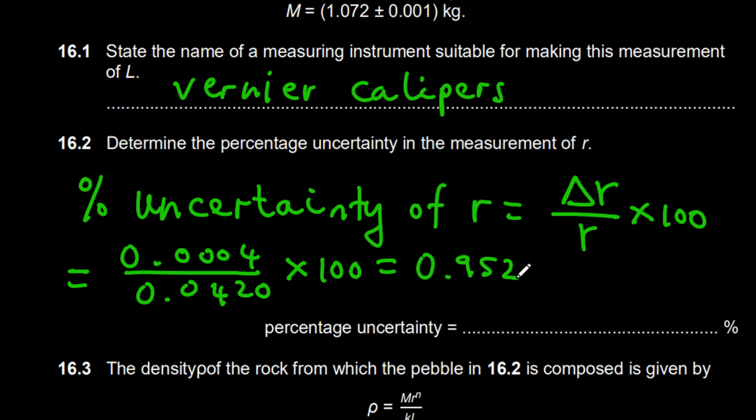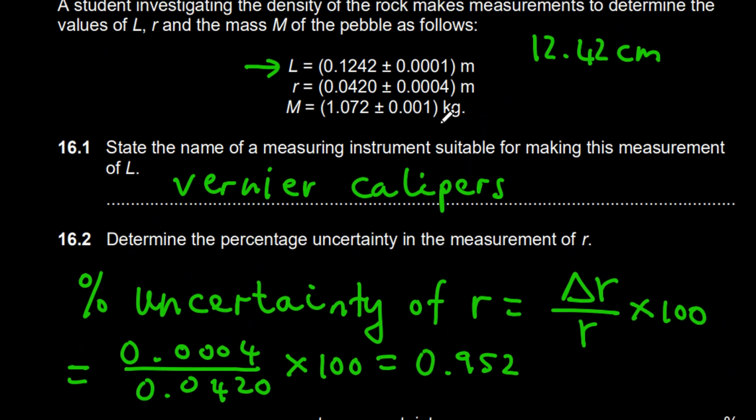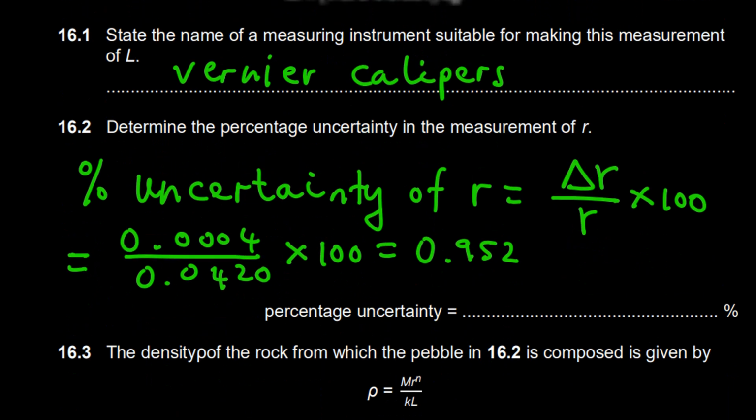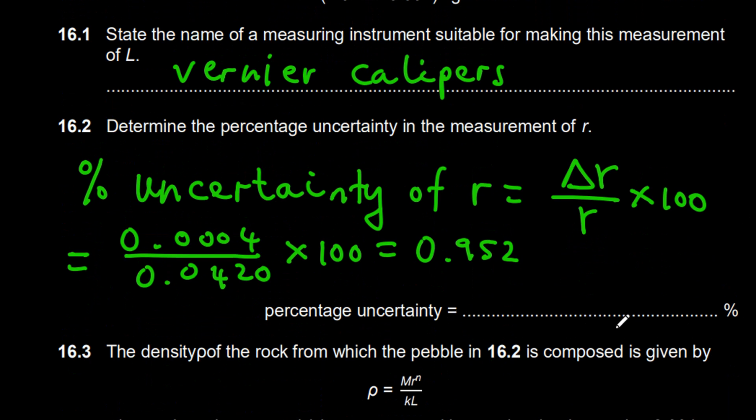Now, what's important is that the absolute uncertainty of R is given with one significant figure. So we need to give the percentage uncertainty also with one significant figure. So the final answer here will be 0.952 rounded to 1%. So we have one significant figure.